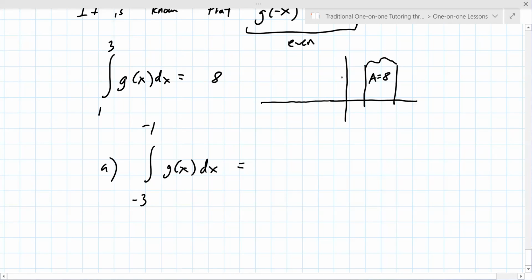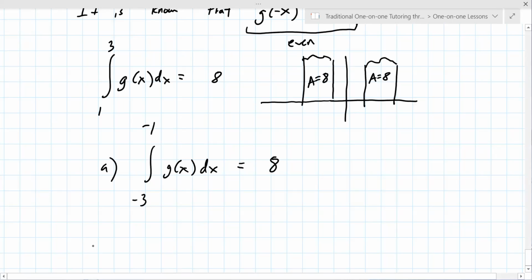Because it's even, it's symmetrical. So over here, it's got the same picture, which I won't be able to draw, but its area is also equal to 8. Is that okay?